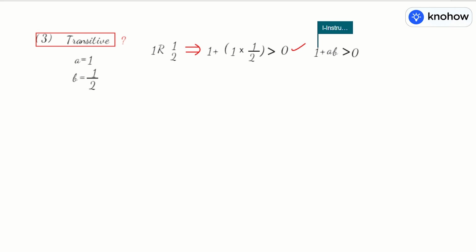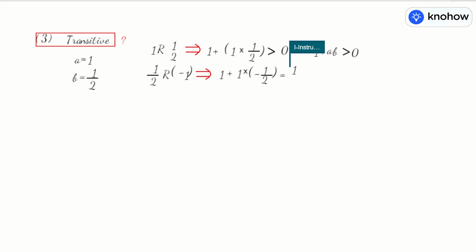And I also choose that half is related to minus 1. Let me check. That is 1 plus half into minus 1. How much do you get here? You get 1 minus half, which is half, obviously greater than 0. So yes, 1 is related to half and half is related to minus 1. Now let me check whether 1 is related to minus 1 or not.